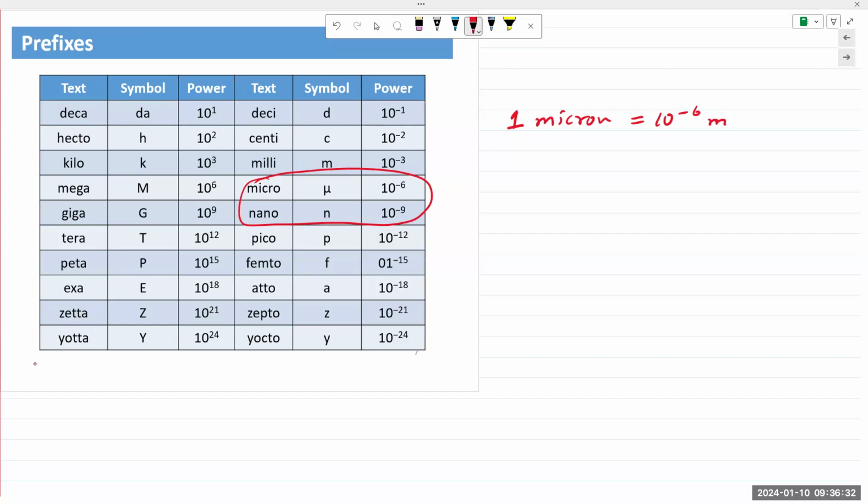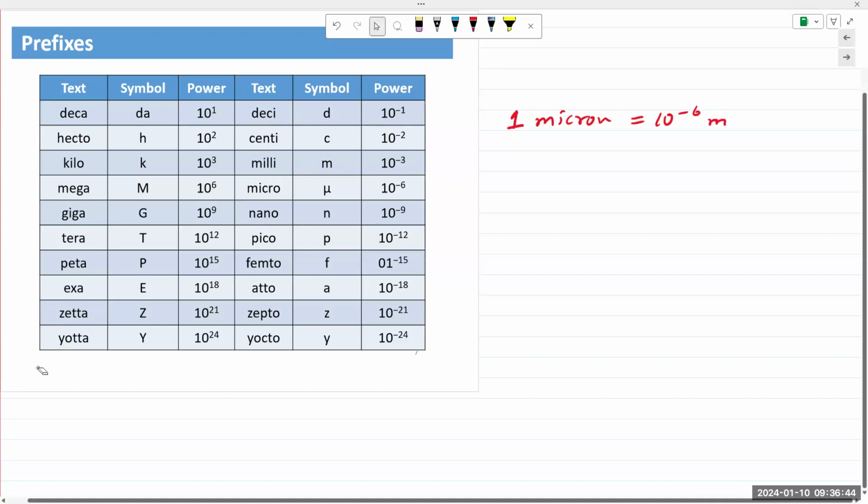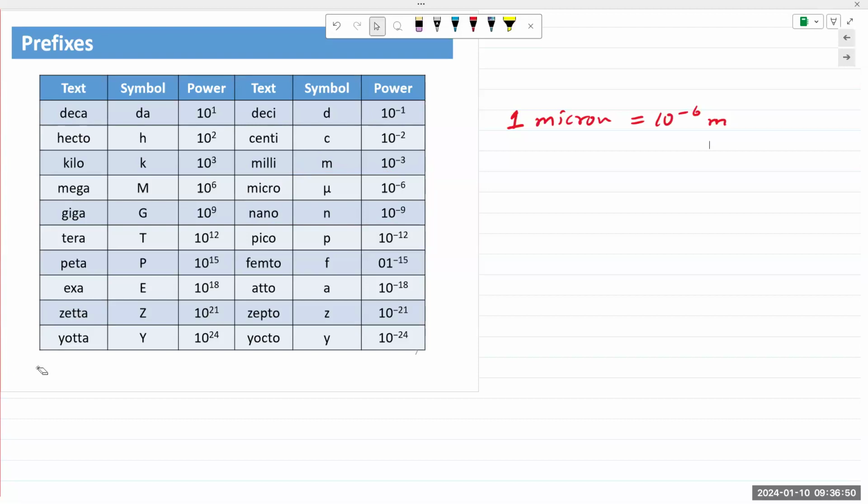And the reason is because even if one single hair falls out and goes into the equipment, it's going to render everything useless. Nano is, of course, if you take 1 micron and divide it into a further 1,000 parts. So there's absolutely no way we can see anything on the order of a micron or 1 nanometer. Okay, it's that small.